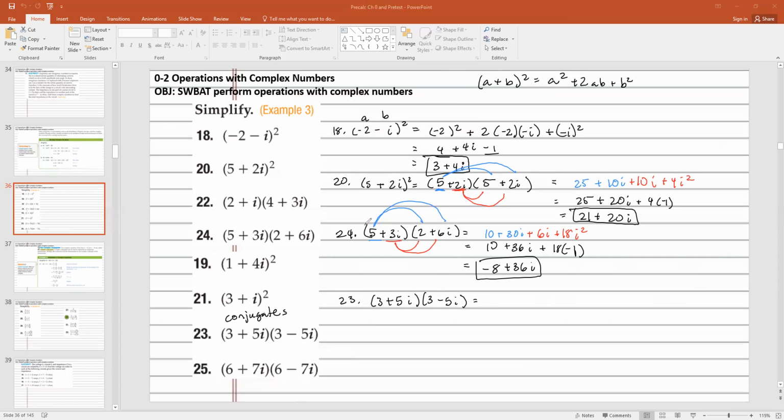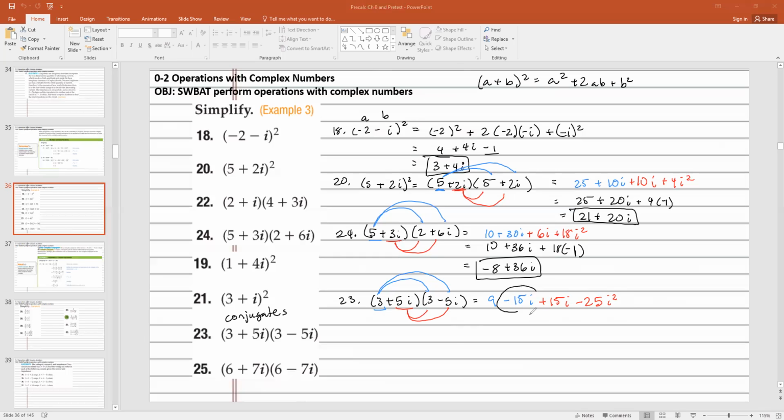All right, so same thing. 3 times 3 is going to give us 9. 3 times -5, -15i. And then 5i times 3 is 15i. And 5i times -5i is -25i squared.